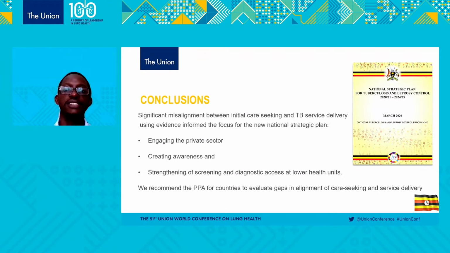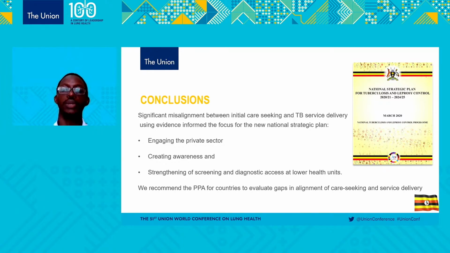And so from these findings, we realized that there is a significant misalignment between initial care seeking and service delivery or service availability. And we used this evidence to inform our national strategic plan, which among other things enabled us to focus on engaging the private sector, creating awareness, and then strengthening of screening and diagnostic access at lower level health units.